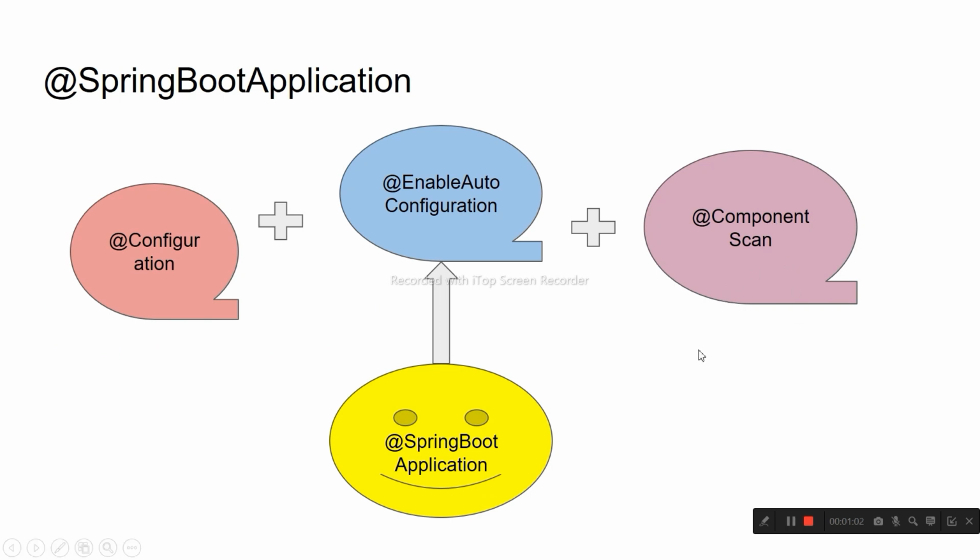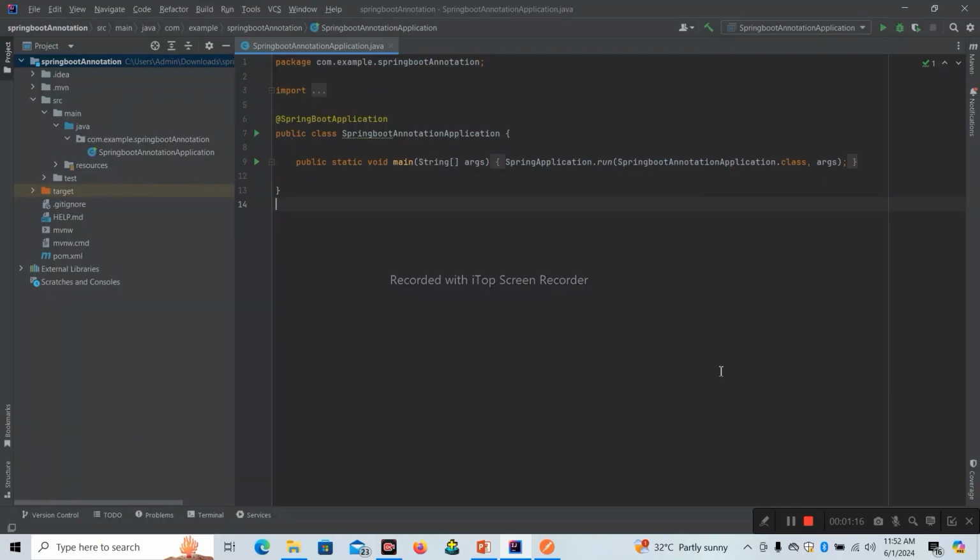The first one is @SpringBootApplication. I will demonstrate this with an example, then you will understand how it usually works. First I will say what the function of this is. When we enter our IntelliJ IDE and create a class, here you can see @SpringBootApplication.